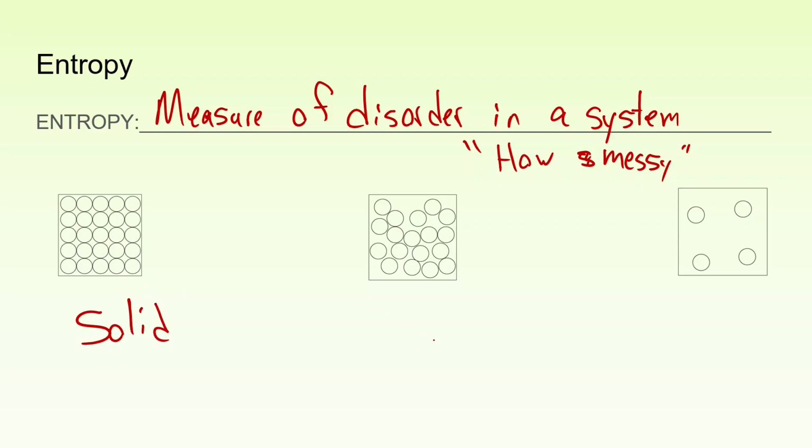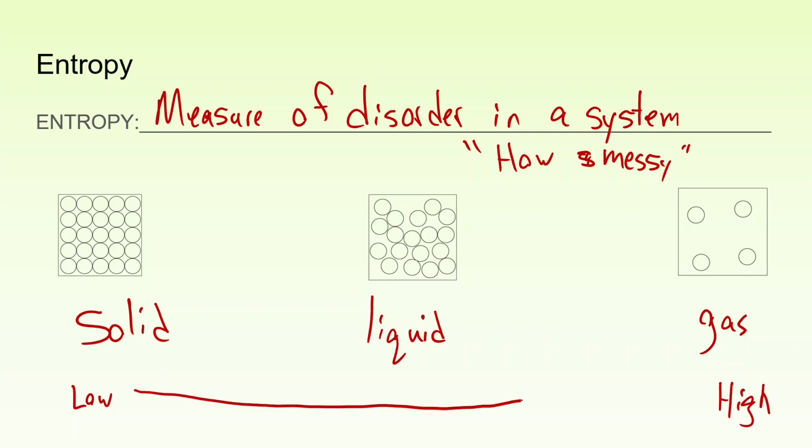There's a nice pattern going on. Liquid, we have things starting to move around and get a little messier. Gas, we got things all spread out and moving around in every direction. So in terms of entropy, we have low for the solid and high for the gas. So you can see the solid is very organized. It's not very messy. Whereas the gas, it's acting all crazy.